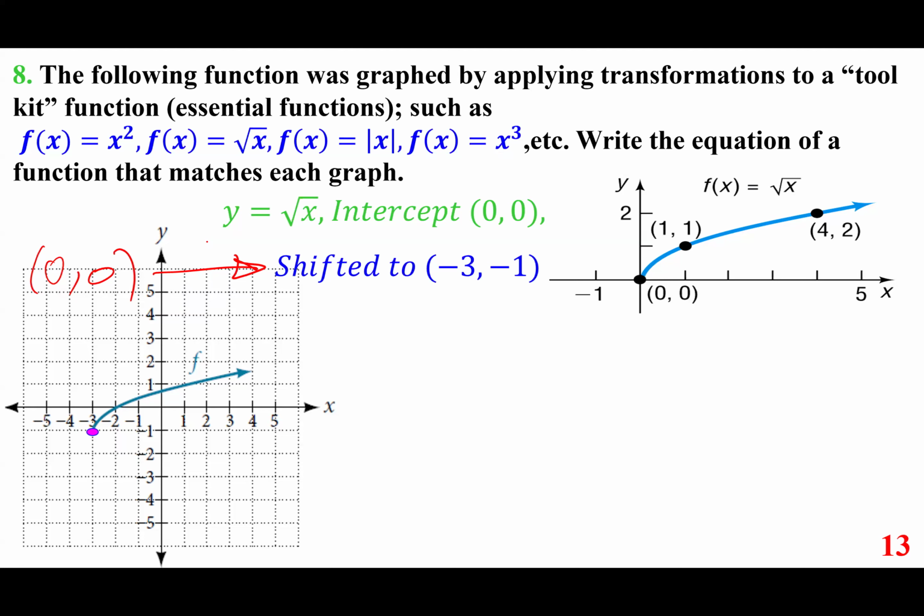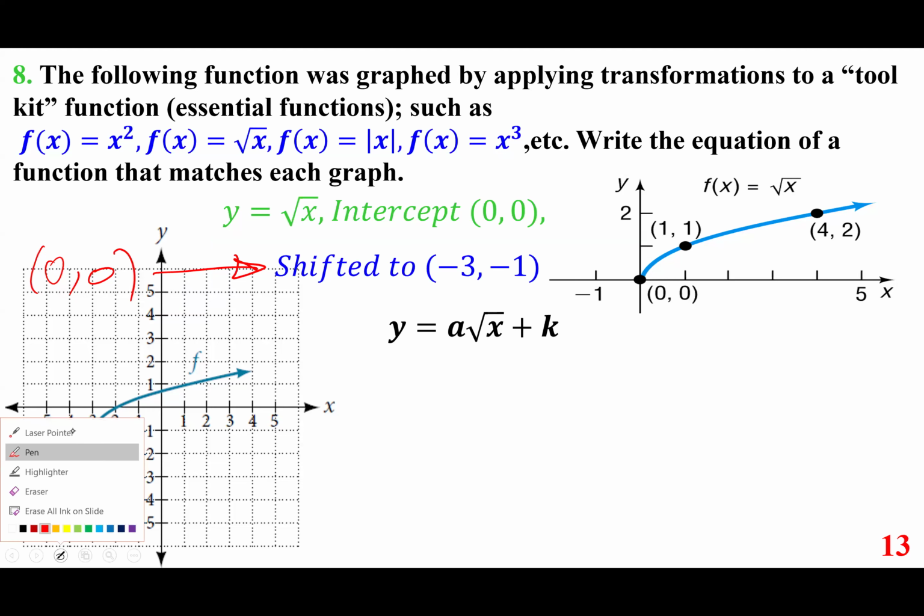So we can notice that the general graph would have this equation a times square root of x plus h, plus k. X has been shifted to the left, so remember, plus 3.